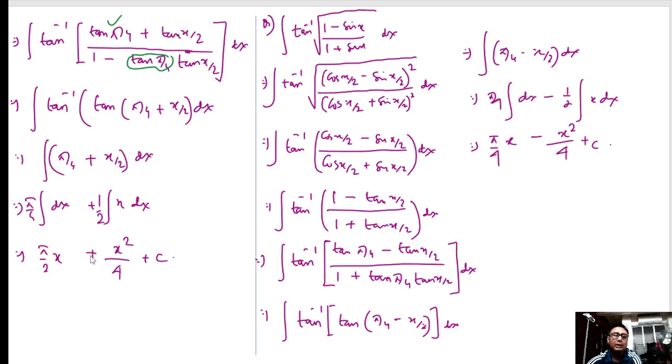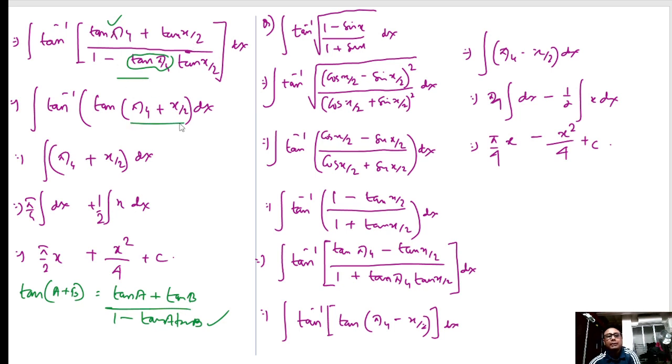This is the formula of tan of a plus b, which is tan a plus tan b by 1 minus tan a tan b. So using that concept, tan A plus tan B by 1 minus tan A tan B is tan A plus B's formula. So tan and inverse cut. So it's pi by 4, integration of dx, and half goes out, integration of x is this and this.